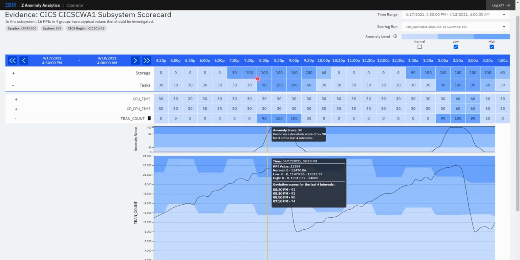We can start seeing on the scorecard view some of the different high-level anomaly scores. We've also drilled into a 12-hour period, so not looking at 24 hours, and have also filtered out all of the normal data. So we're just looking at the KPIs that are showing low or high anomalies.